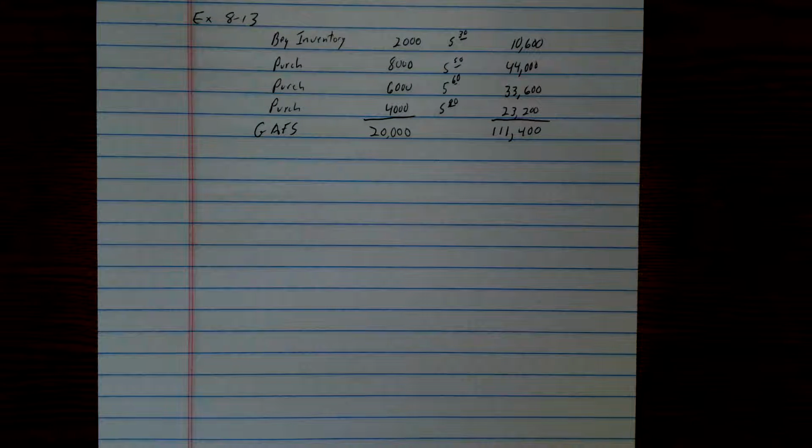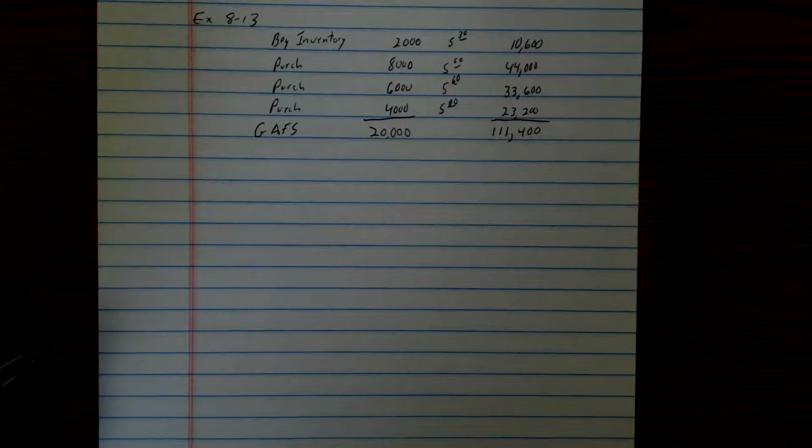On the first in, first out, the inventory that will be remaining is the last ones we purchased. At this point, we need to figure out how much we sold. On the 14th, we sold 6,000 units, and on the 25th, we sold 7,000 units, a total of 13,000. It says inventory on hand of 7,000 units.